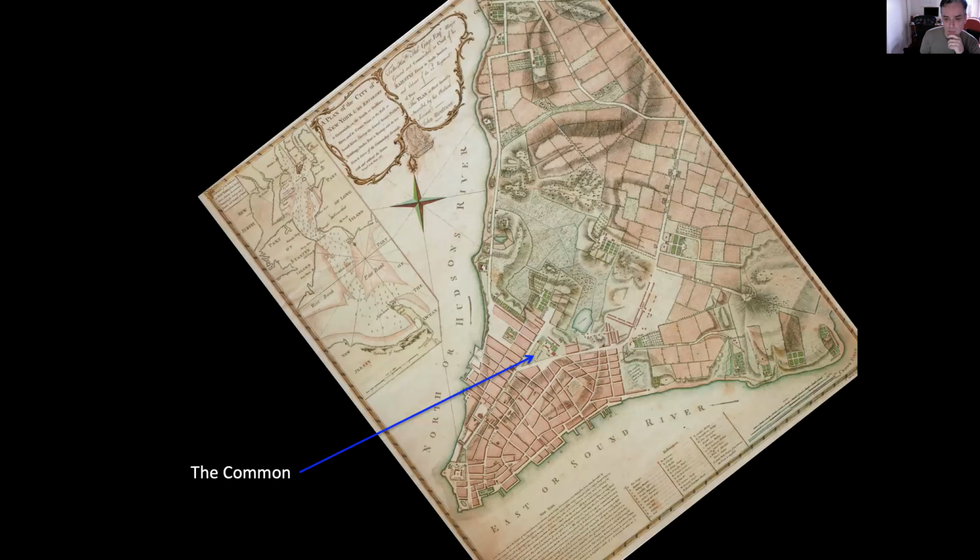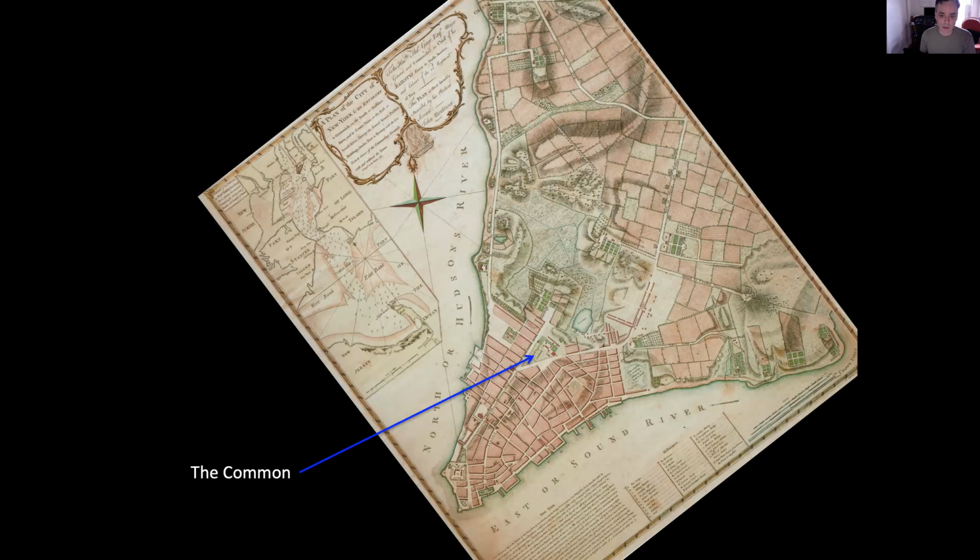So you'll recall from part one of this lecture, we looked at the Montresor Plan, and you will further recall that there was a public space on the north side of New York City at that point, which was called the Common, which is today's City Hall Park. The Common was the main gathering place in town, and it became the main gathering place of revolutionaries during the lead up to the war.